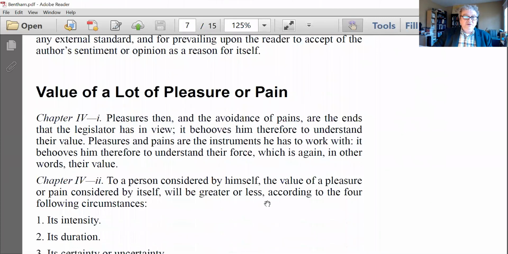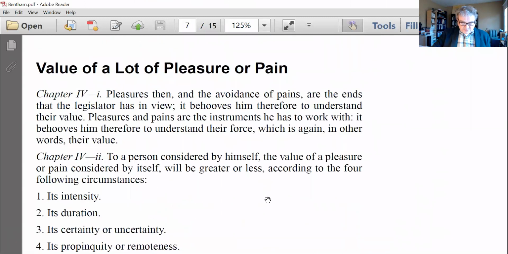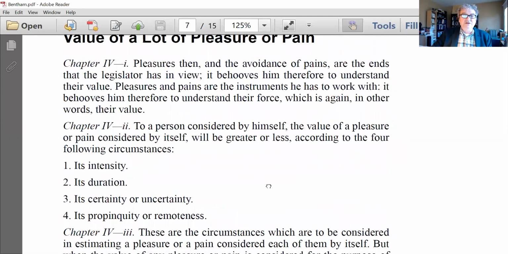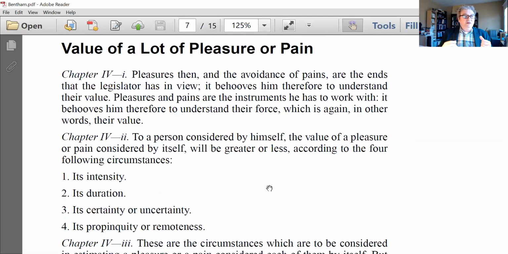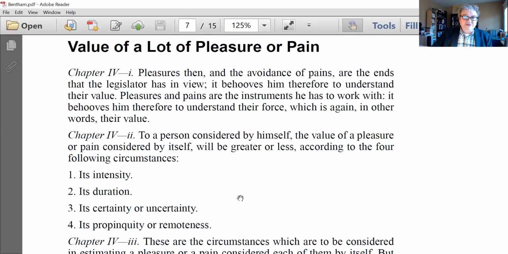Now, how do we calculate the principle of utility? This is one way that utilitarians act. How do we perform a utilitarian calculation? Well, first of all, we think of all the different ways that utility can be valued.